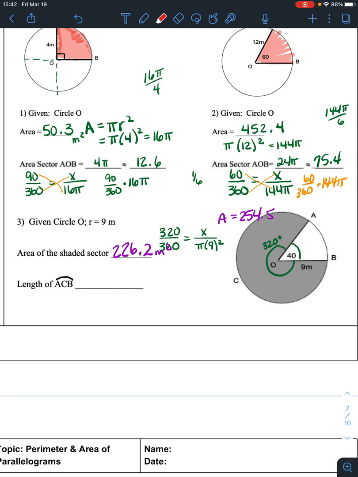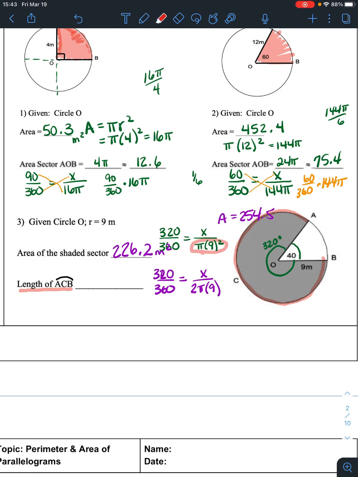Now, this is a review, length of ACB. ACB is this big arc. I want to know how long it is. That's what we learned in the previous lesson. Look at how similar these operations are. It was 320 out of 360 degrees. Now this time the whole is 2 times pi times r. There's your difference.